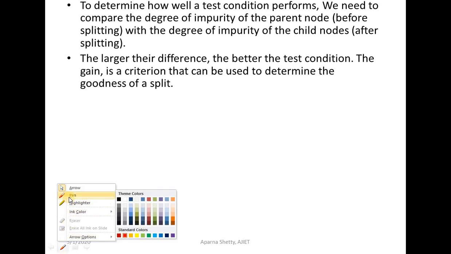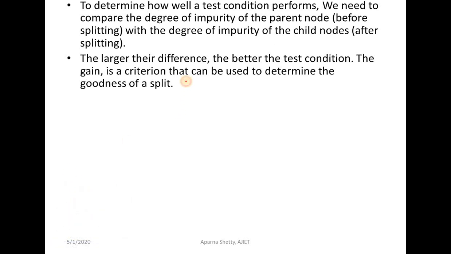So gain is nothing but equal to impurity, I will write it as I. Impurity of parent minus the impurity of child node, impurity of child.